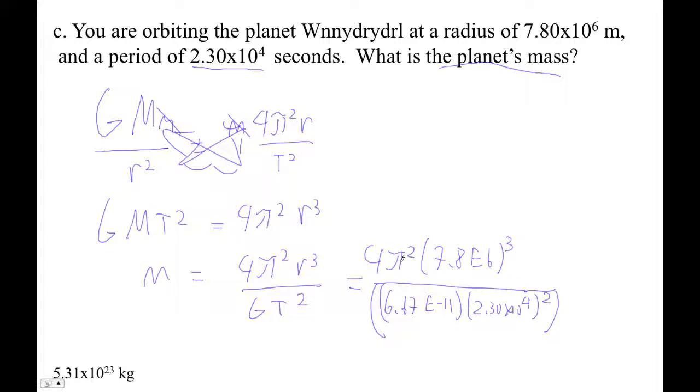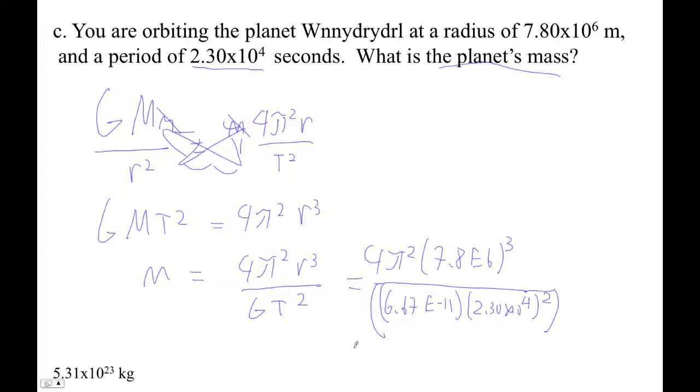Go forward arrow, then divided by, and then I start my denominator: left parenthesis, 6.67 e negative 11 times 2.3 e4 squared, right parenthesis to end my denominator.